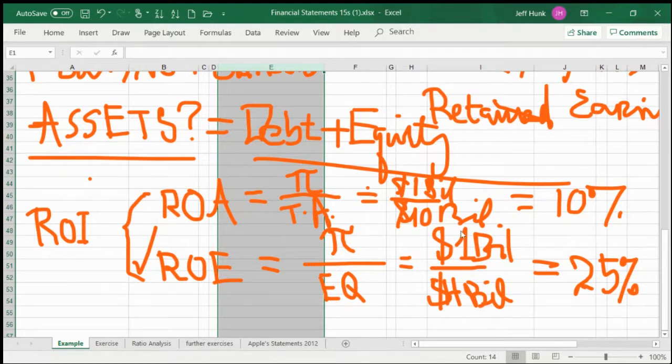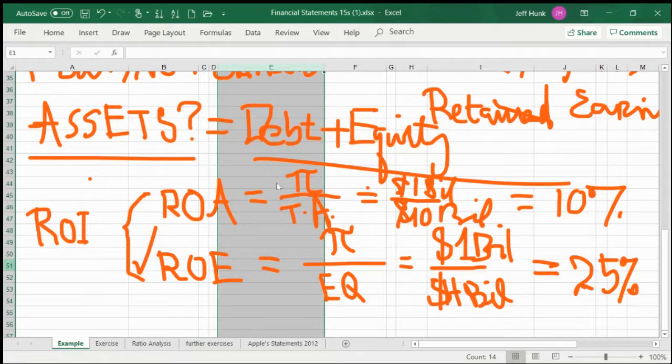But then again, you might say it's unfair, because this is more relevant to the debt holders since total assets include debt, right? Total assets is debt plus equity, and it is still not a very fair measure. Why?